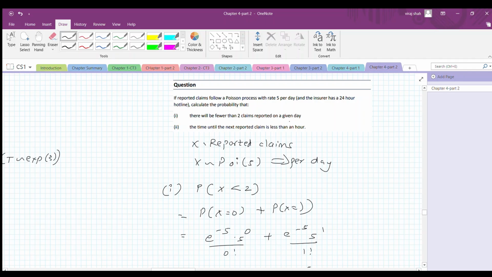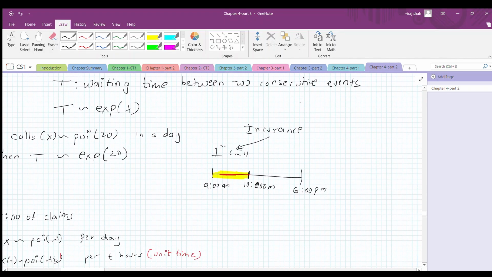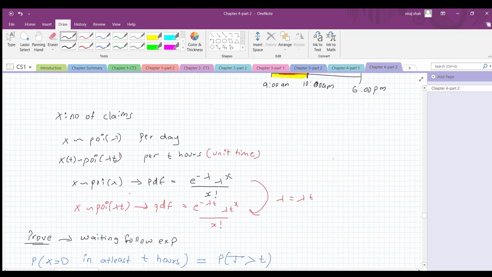Basically, we want the probability in an hour and we have been given a Poisson process per day. Therefore, here we are going to use this aspect, what we did right here.